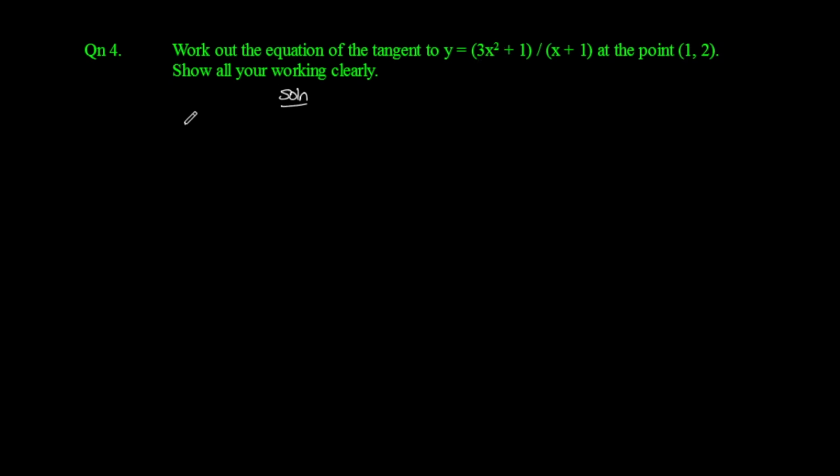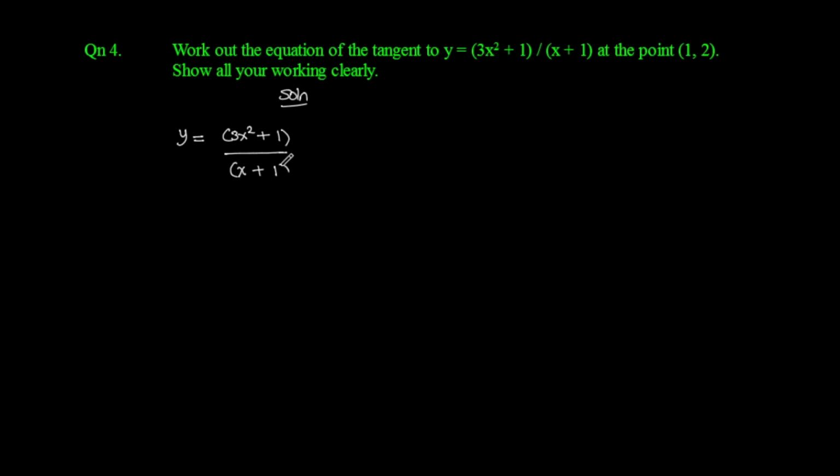So let's apply what I've just said in our working. We can start by copying our question down here, where we have in the numerator 3x squared plus 1, and then we're dividing it by x plus 1.